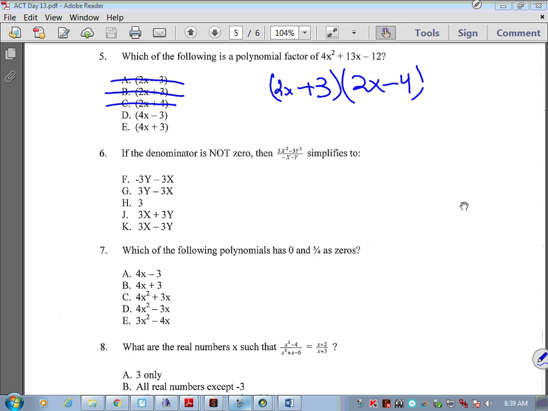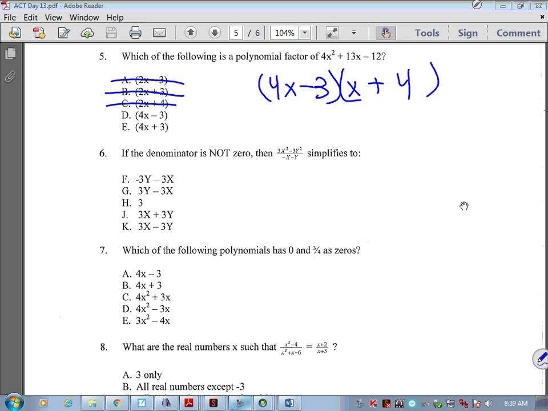Okay, let's try 4x minus 3. Rather than just trying to figure it out, I'm going to use those test-taking skills where I'm actually going to plug something in. Well, if it's 4x, then this has to be just what? X. That's negative, so this has to be positive, right? Okay. So what times negative 3 is going to be negative 12? Positive 4. All right, let's see how the rest of this works.